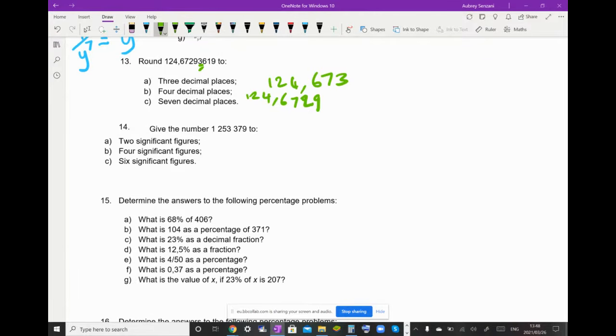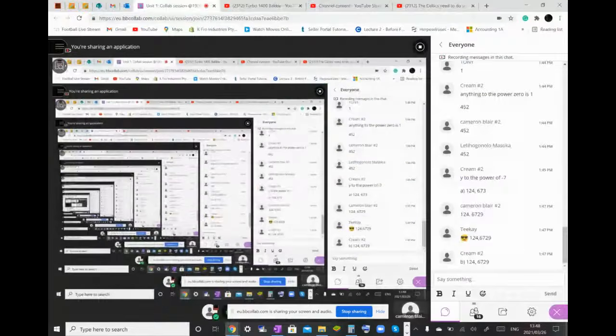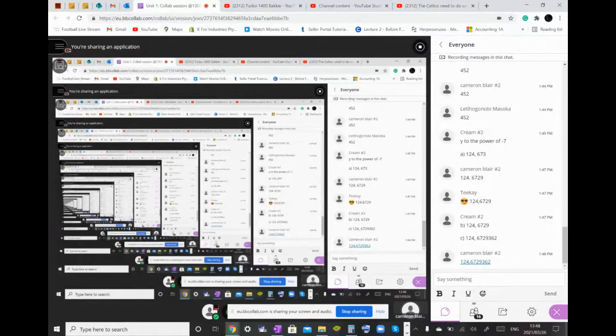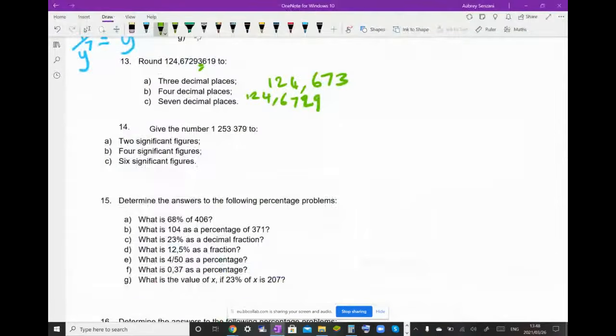Then 7 decimal places. Somebody tell me what we do in order to get to 7 decimal places? Cream and Cameron, you have already answered, and your answers are quite aligned. Let's see here. 1, 2, 3, 4, 5, 6, 7.